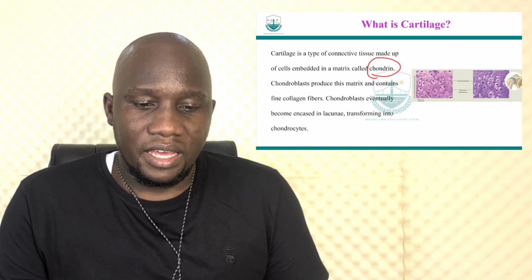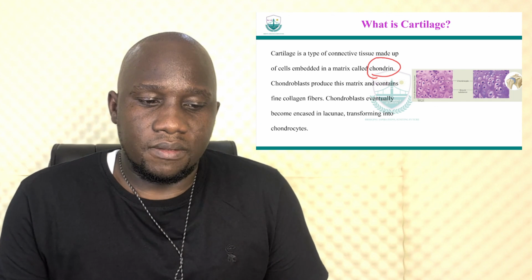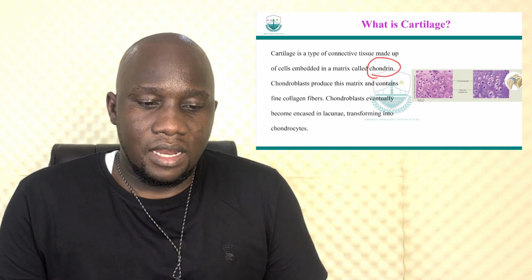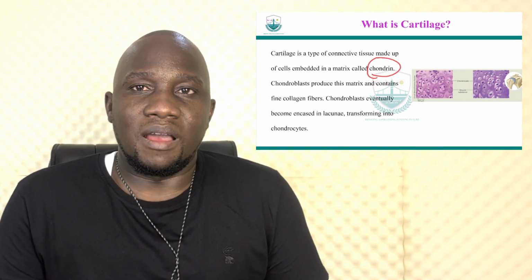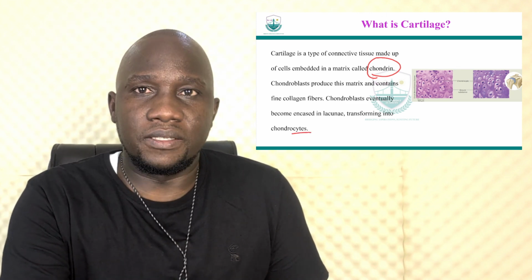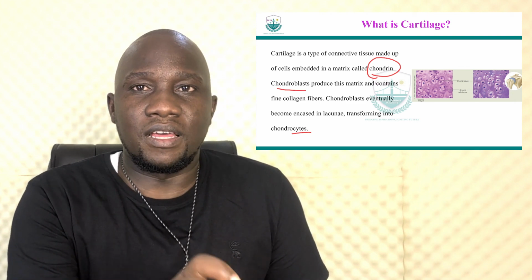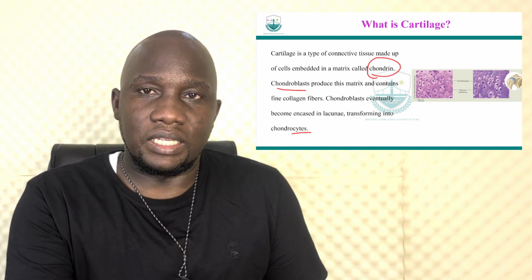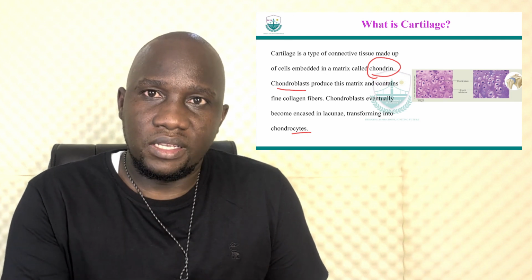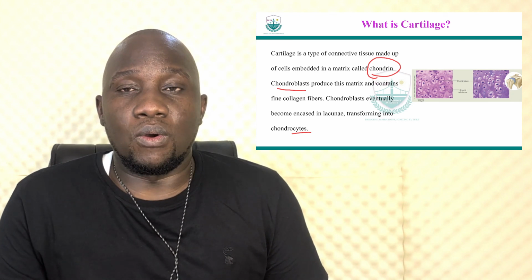When they become encased, meaning they are covered in the lacunae, they become chondrocytes. So remember, it is the chondroblasts that are doing the work of producing the matrix, but also producing the fine collagen fibers.